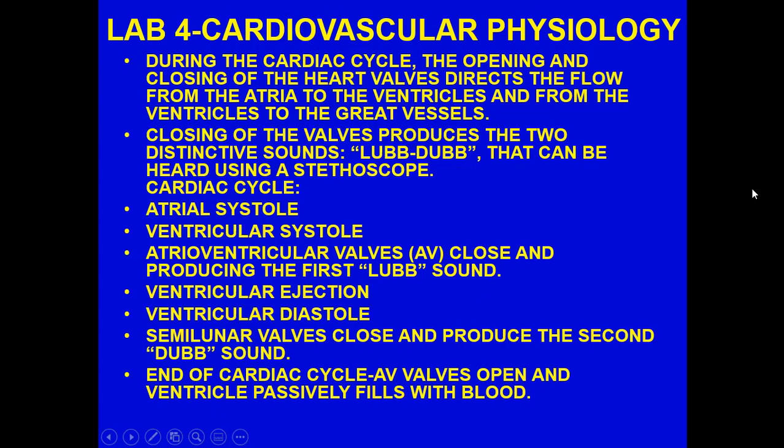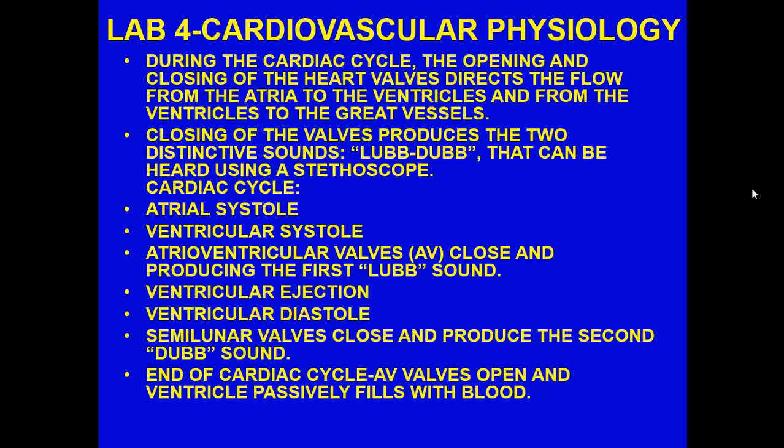Now, during the cardiac cycle, we're going to move into this for a few minutes now with cardiovascular physiology. The opening and the closing of the heart valves directs the flow from atria to the ventricles and from the ventricles to the great vessels. As a result of closing of these valves, they produce the two distinctive sounds, the lub-dub, that can be heard using a stethoscope.